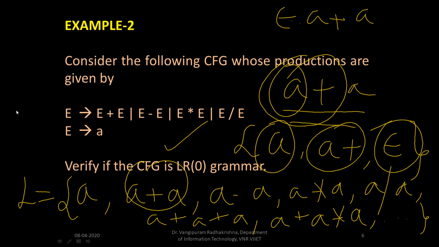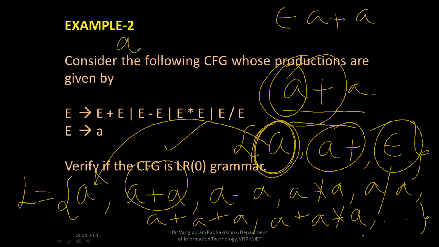From the given set of strings which are possible, try to identify if a proper prefix of the string is also contained in the given language. If you take this particular symbol A, which happens to be a proper prefix, this proper prefix is also contained in the given language.